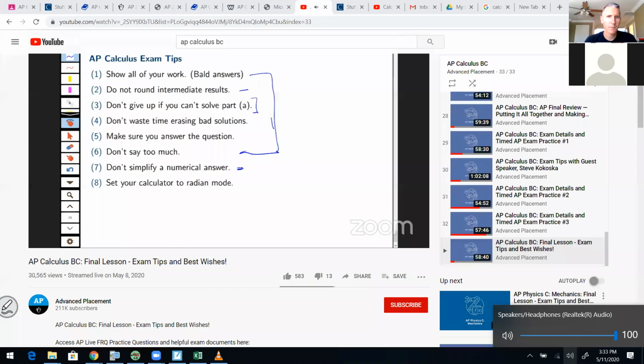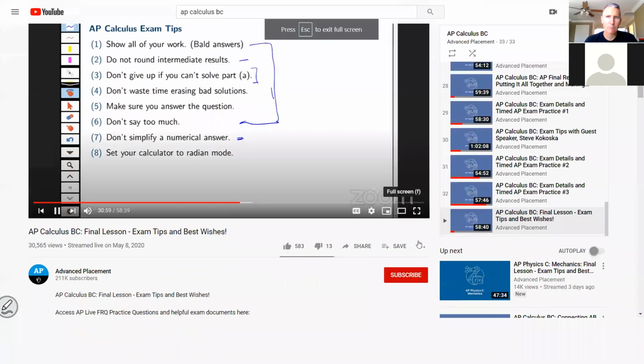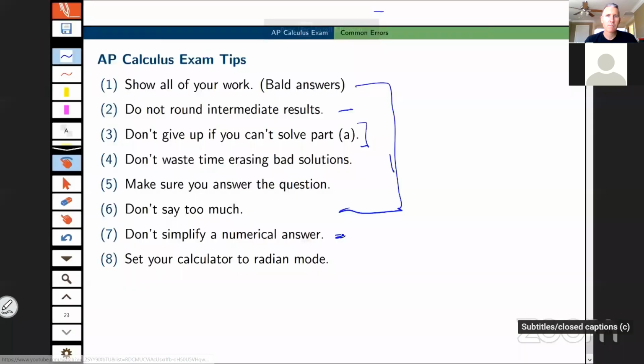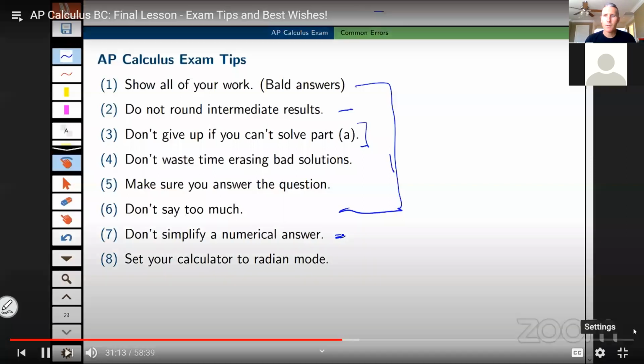Fantastic. Just one more comment or two more comments here. I thought an awful lot about this in the last couple of weeks about what kind of problems the College Board might be asking on this short exam. And especially where we have technology and open book and open notes, I believe strongly that we're going to get some sort of graphical or tabular problem that you've been practicing.